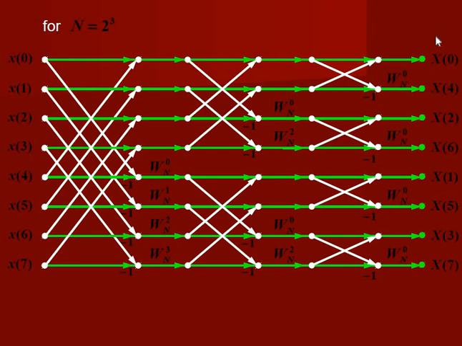In case of DIF, whatever result you get, you have to remember that your result is in bit reversed manner. So if I am telling you to write the result, your final result x of n is equal to this, then this, then this, after that x3, then x4, then x5, then x6, then x7.